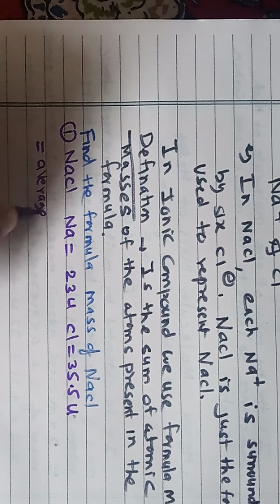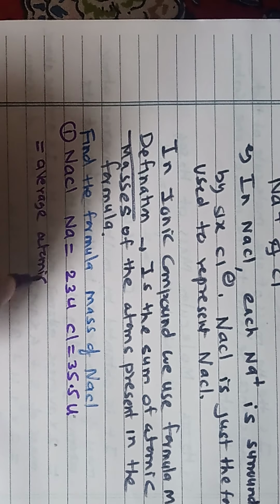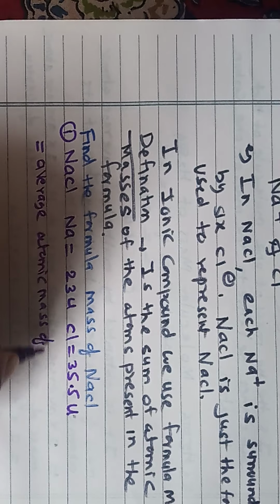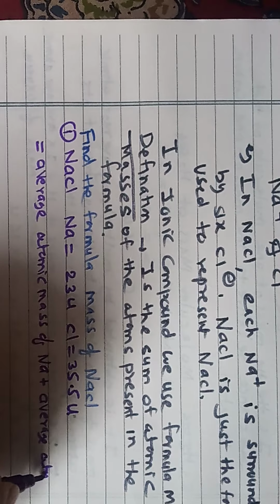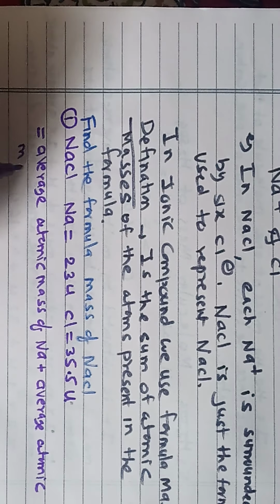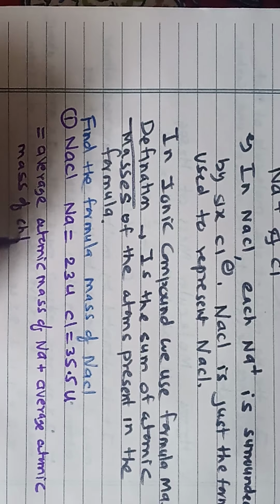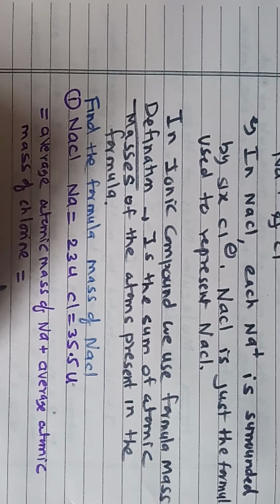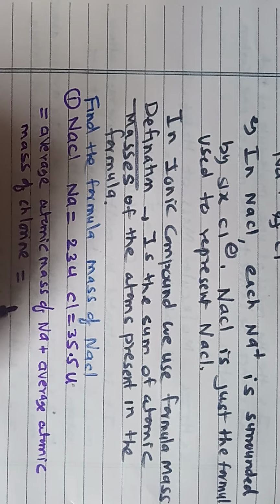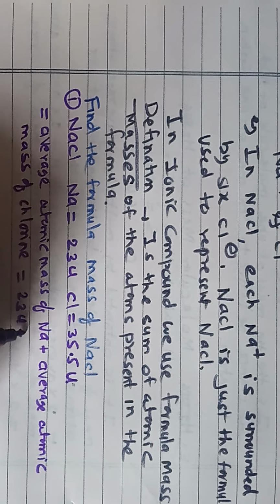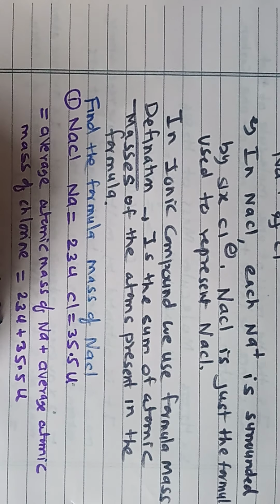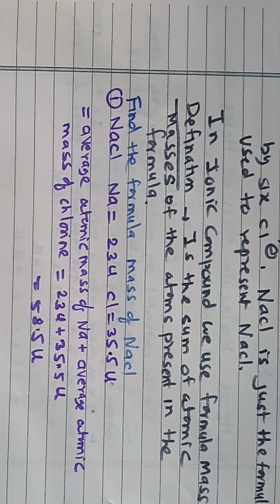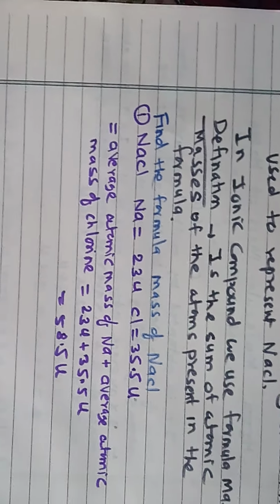The atomic masses are, of course, averages. So the formula mass of NaCl is the average atomic mass of sodium plus the average atomic mass of chlorine. Since there is only one atom of each, 23 u plus 35.5 u gives 58.5 u, the formula mass of NaCl.